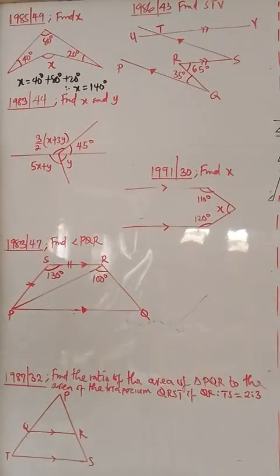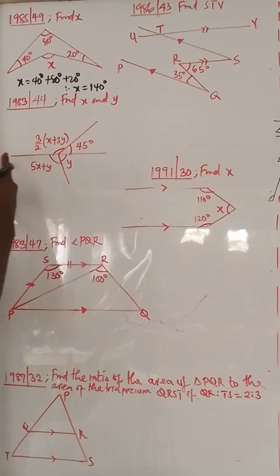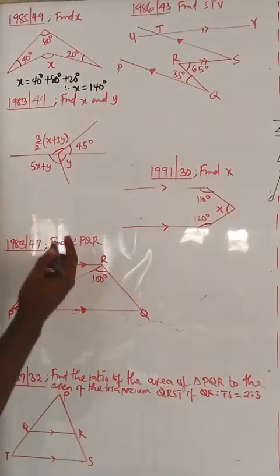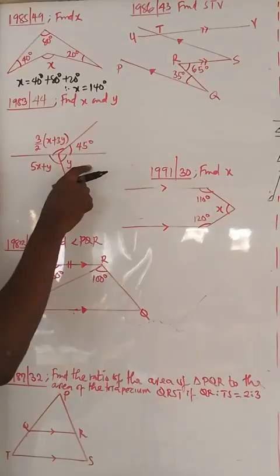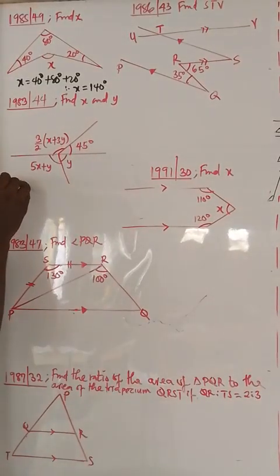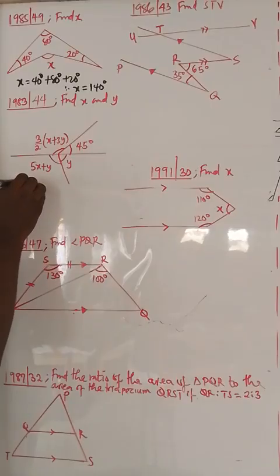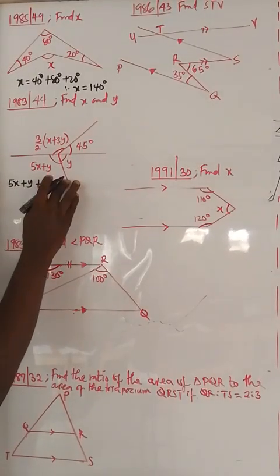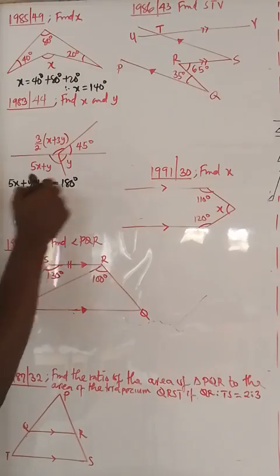Now for this one, look at this. This is a straight line. So since this is a straight line, obviously, if you add this and this, you must get 180. So it means 5x plus y plus this y must give what? 180 degrees. Why?